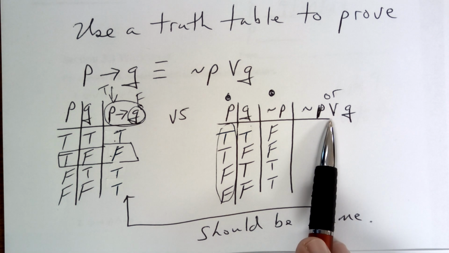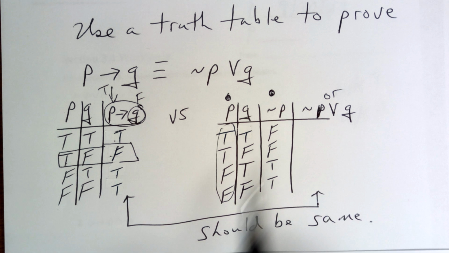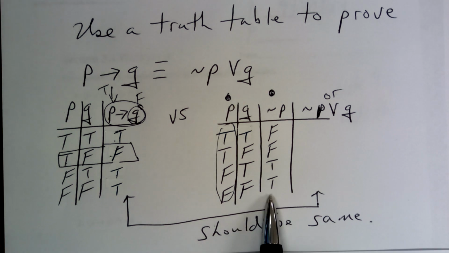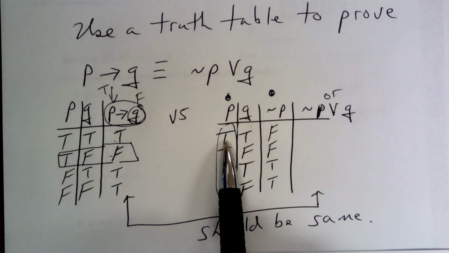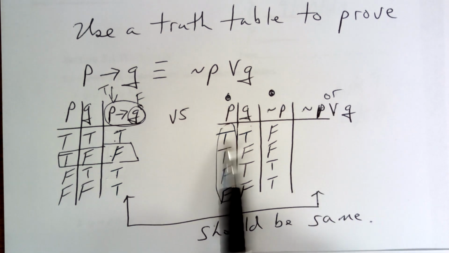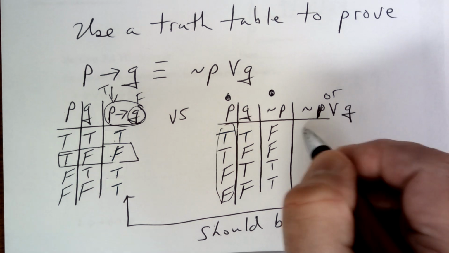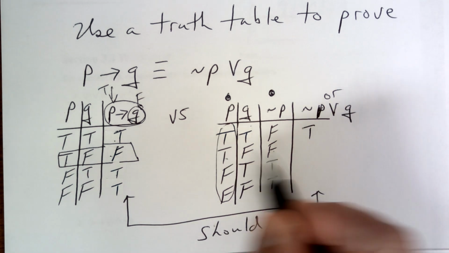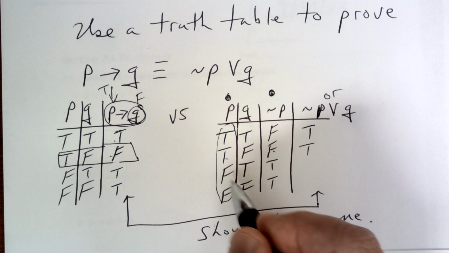So let's see what's going to fail here. So this one right here, this is the one that, let's see, hold on a second. It says or, so either one could be true. Well, here we have true. Here we have a true. Here we have a true.